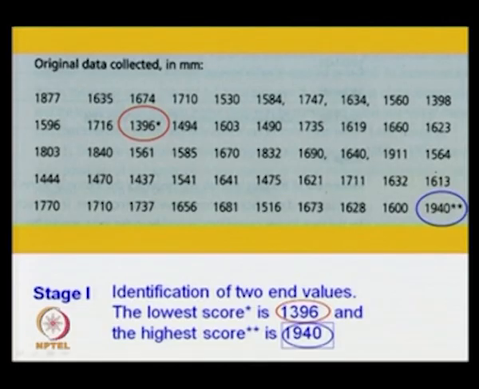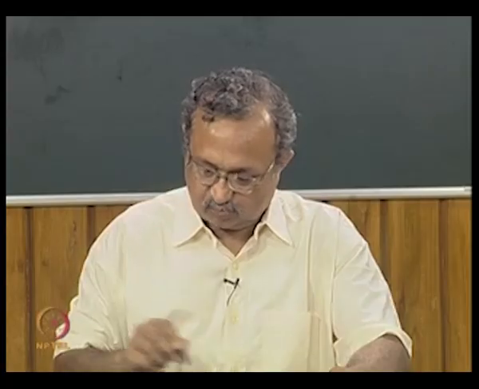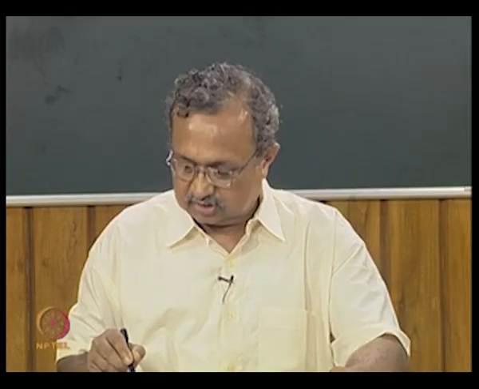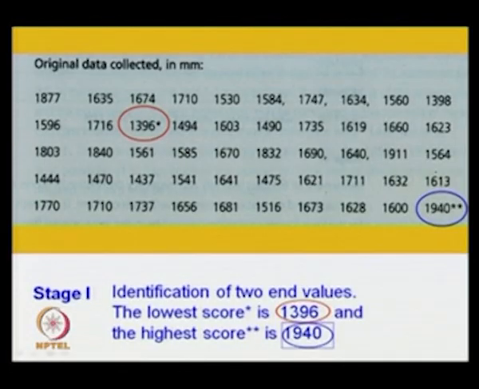These are the original data collected in millimeters. The minimum value is 1396 millimeters total body height, and the maximum value we got is 1940 millimeters.